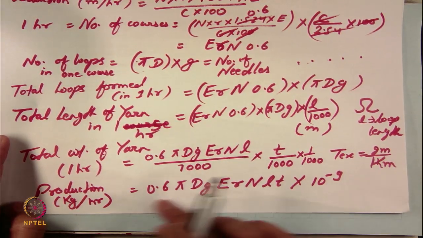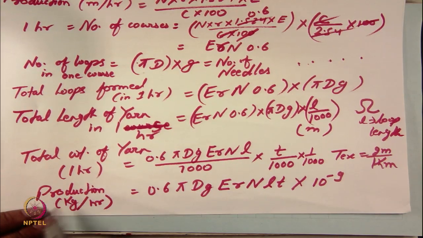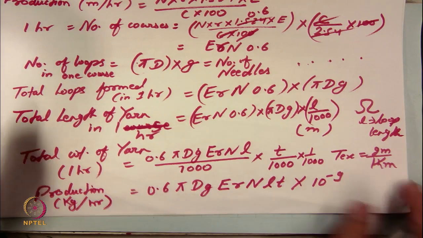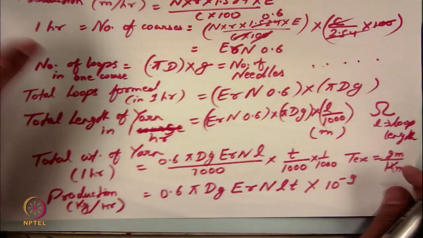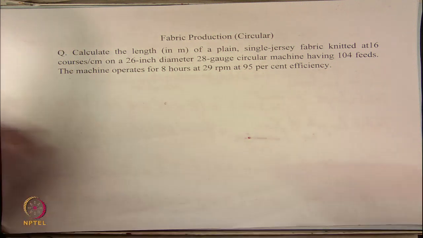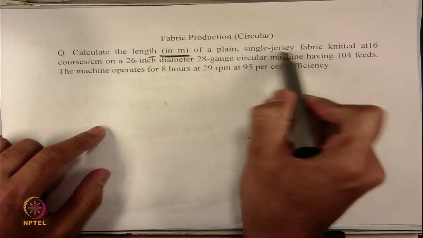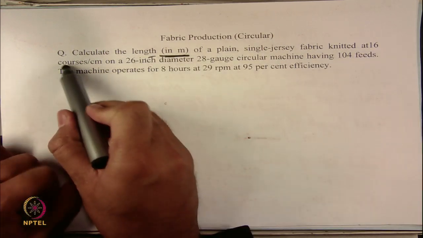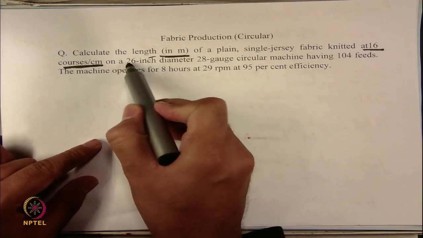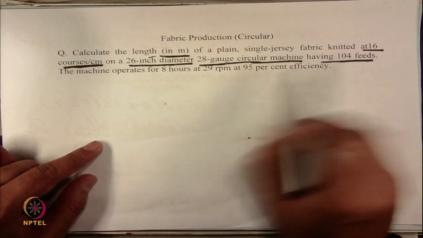Okay. So, here you can see how many parameters you need to find the fabric production in kg per hour. Now, let us do a very simple example and then we will finish it here. For example, calculate the length in meter of a plain single jersey fabric knitted at 16 courses per inch and 26 inch diameter 28 gauge circular machine having 104 feeders.